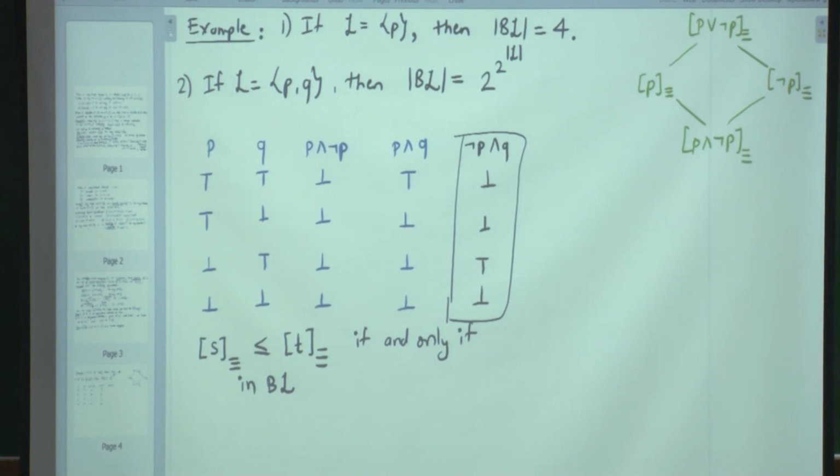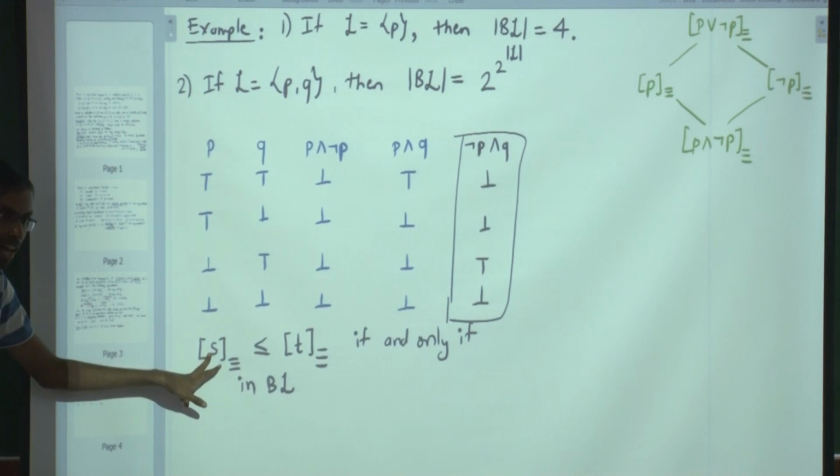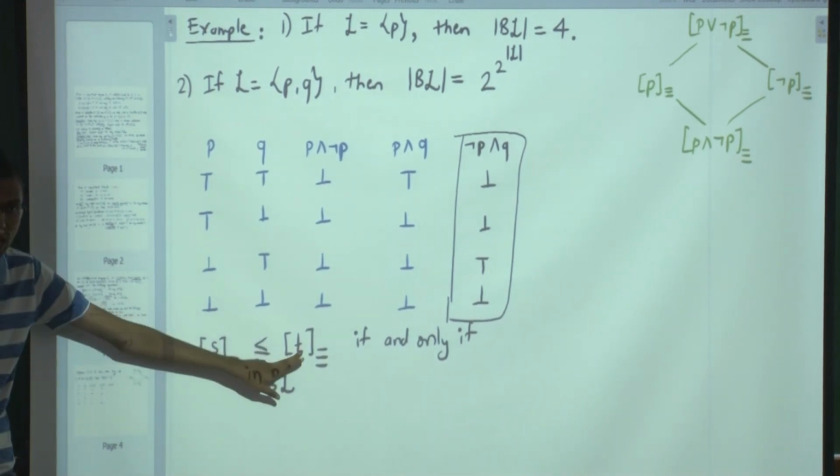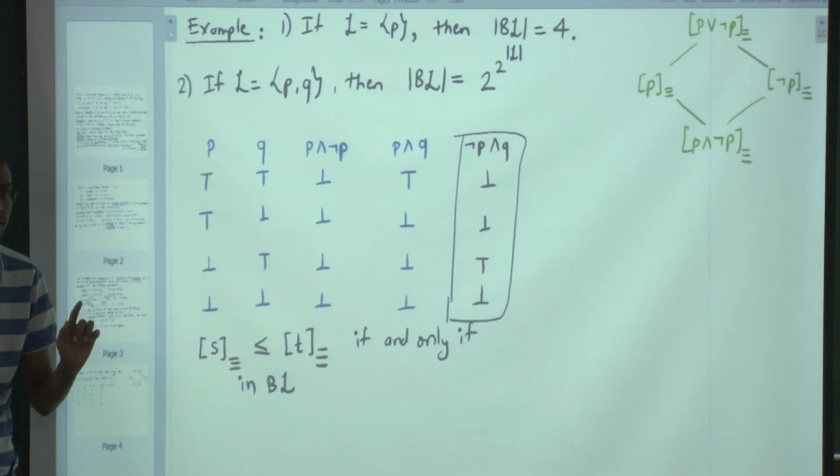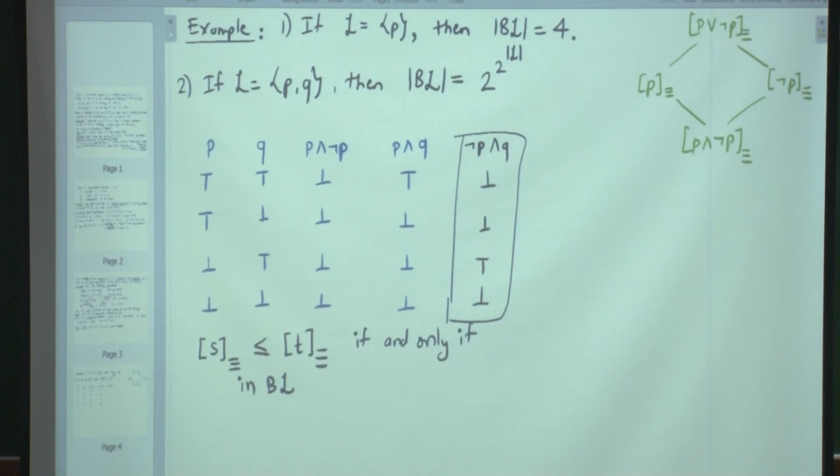Just counting alone doesn't suffice. To be in the same row, yes, exactly. Whenever you have a true value here, then you should also have the true value in the corresponding column for T. Correct? So that means if and only if S implies T is a tautology.